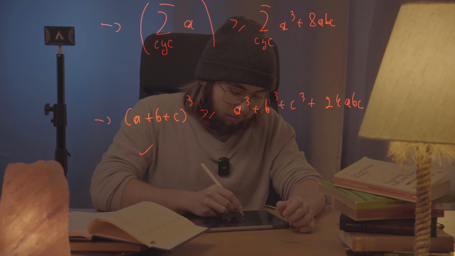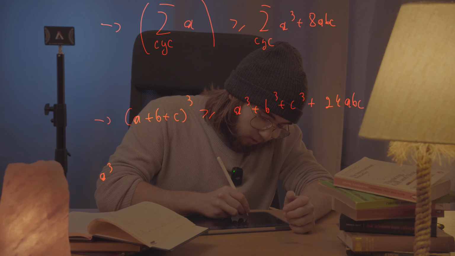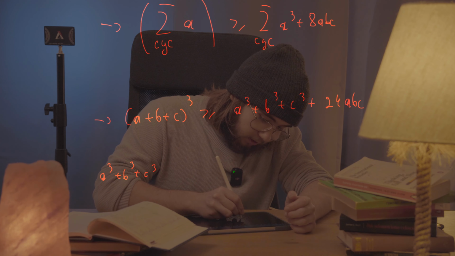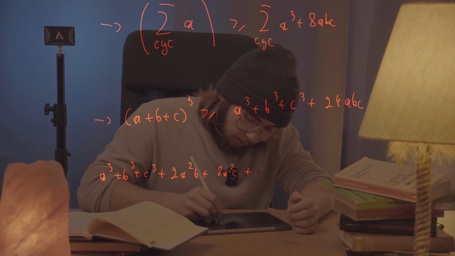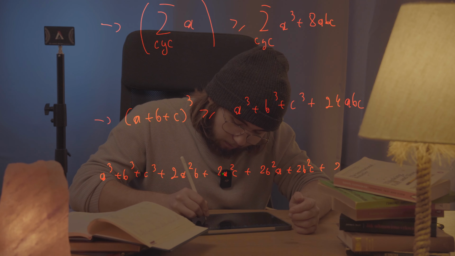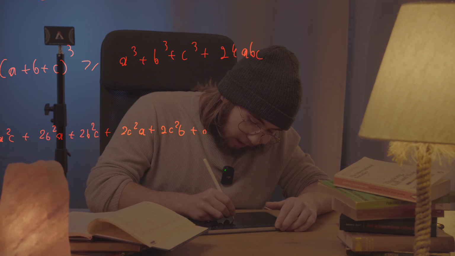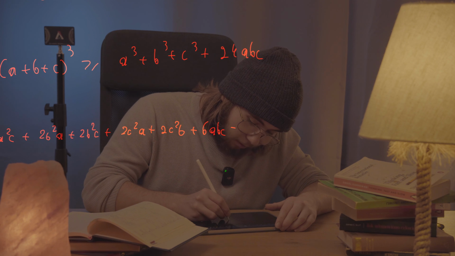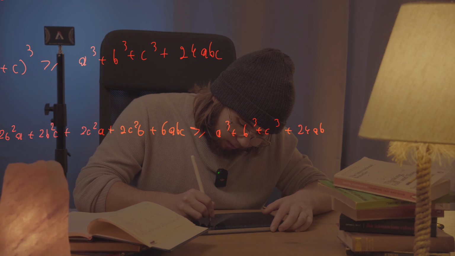Just go on and multiply out this stuff we've got right over there, and you will get, to the best of my memory, a cubed plus b cubed plus c cubed, plus 3a squared b plus 3a squared c plus 3b squared a plus 3b squared c plus 3c squared a plus 3c squared b plus 6abc, and on the right hand side it was a cubed plus b cubed plus c cubed, and then plus 24abc.